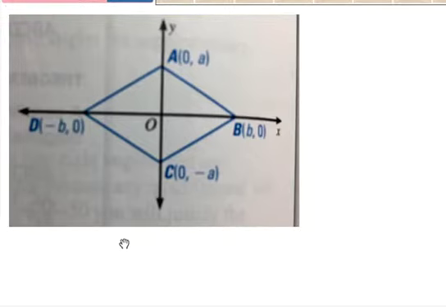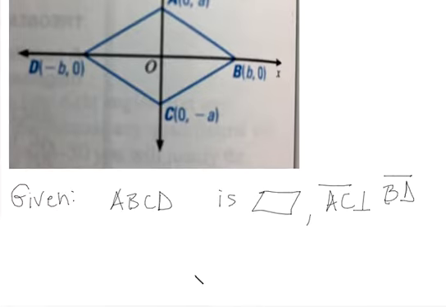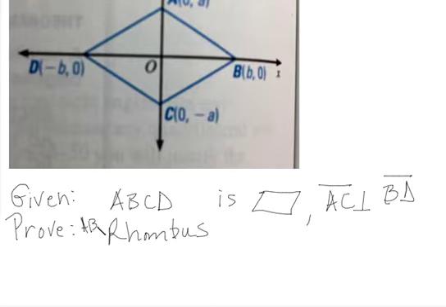Given that ABCD is a parallelogram, that AC is perpendicular to BD, we're going to prove that it's a rhombus. Prove that ABCD is a rhombus, okay?